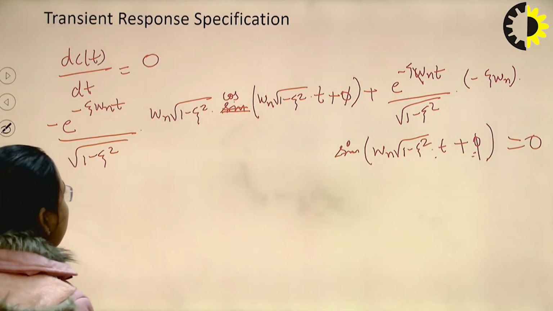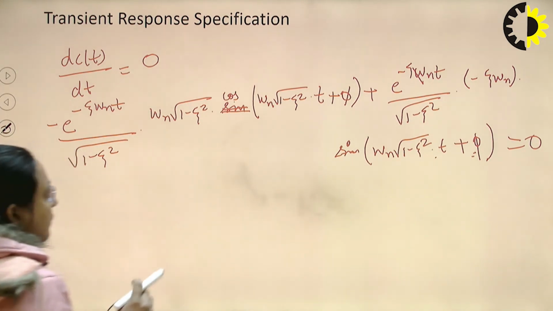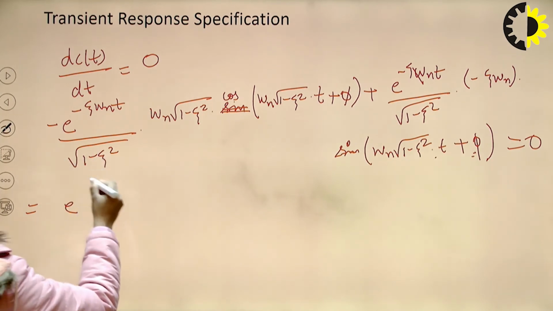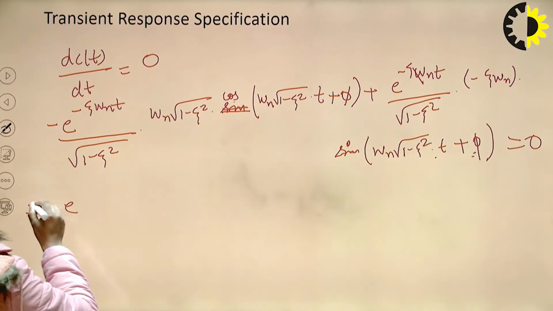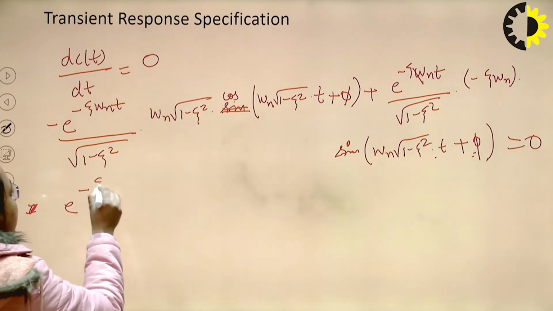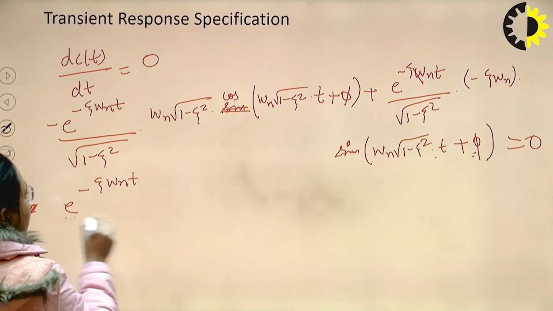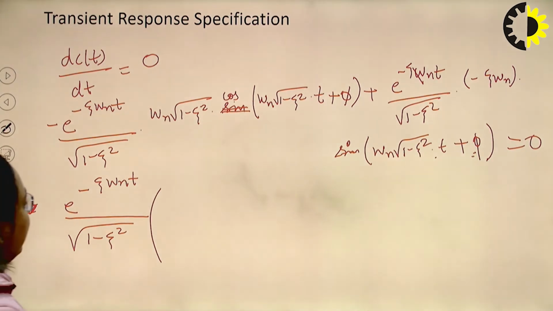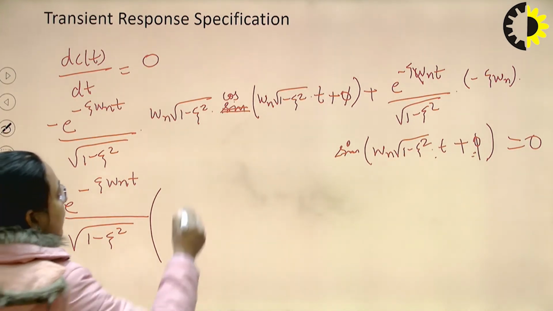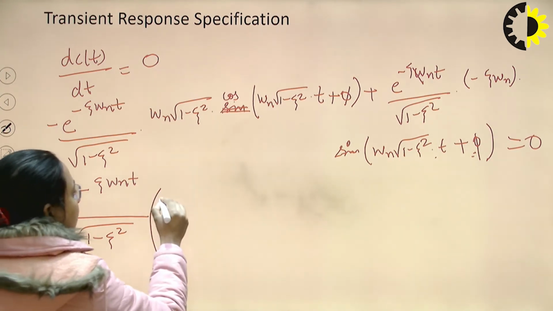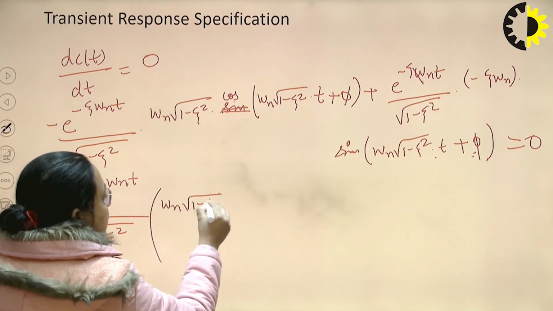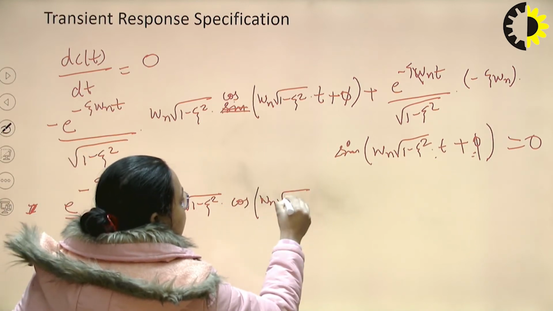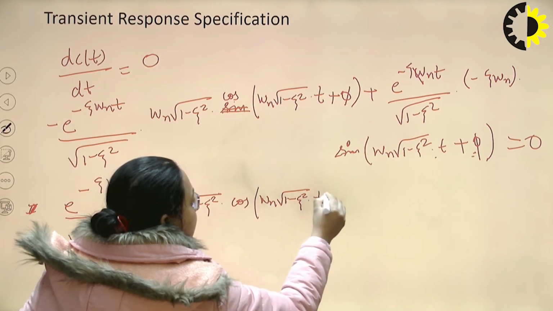We can take common e raised to the power minus zeta omega n t upon under root 1 minus zeta square. What will be left here? The left term is omega n under root 1 minus zeta square into cosine of omega n under root 1 minus zeta square into t plus phi.